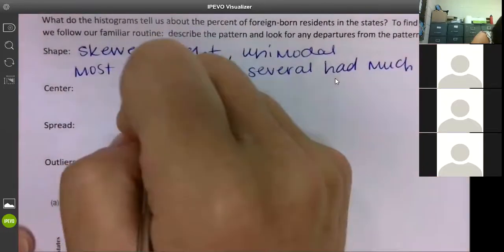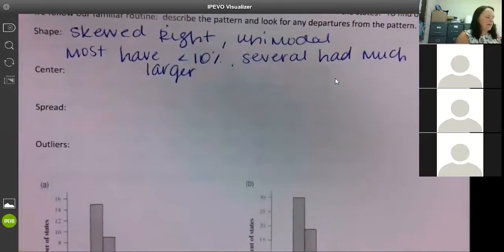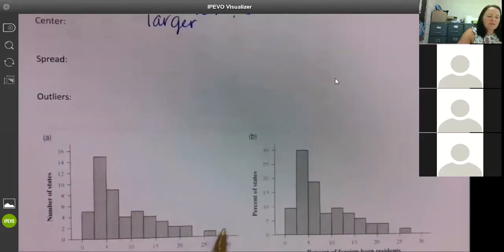I don't really like that. When we talk about shape, center, and spread, that's kind of telling you where the data is at. If you said it's skewed right, you already know that it was down here. So that's all that's saying. Most have less than 10%, but there were some that had larger. Okay, so most of the data is here, but some of them were larger.